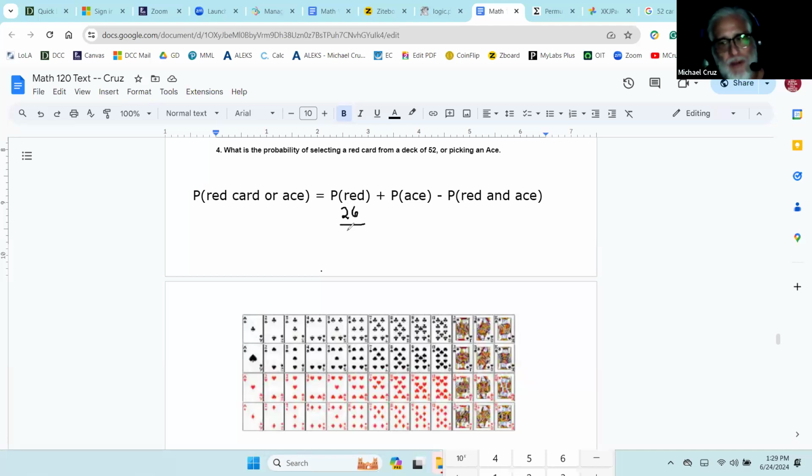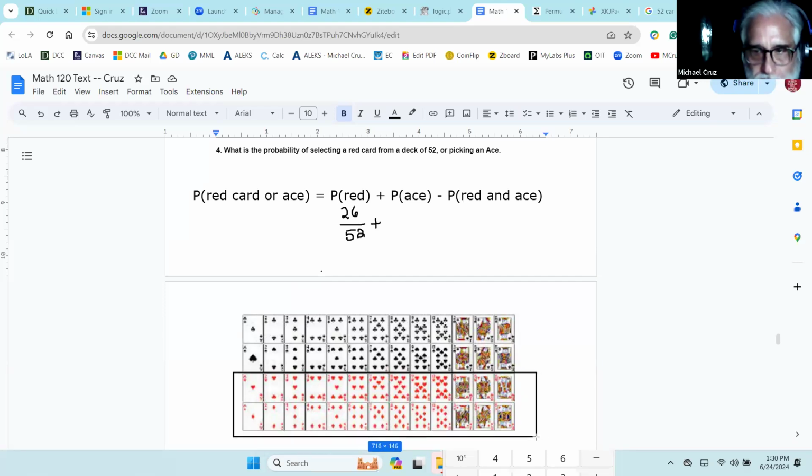I'm not simplifying them when I'm adding them, because we want them to have the same denominator if possible. So don't simplify them yet. When you're adding, you simplify at the end. All right, these right here are the 26 that are red.